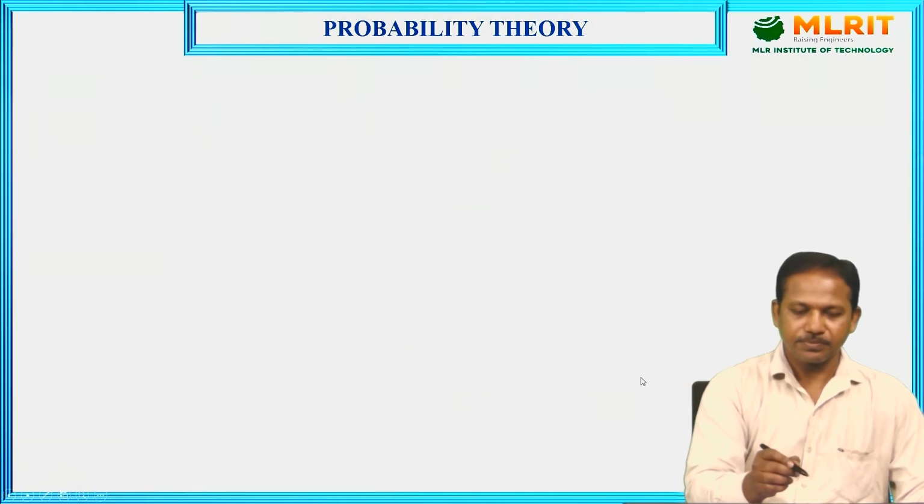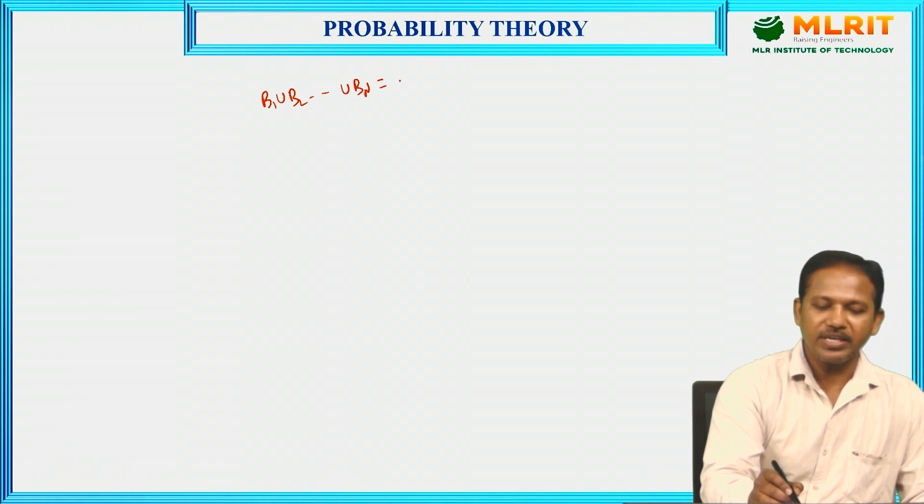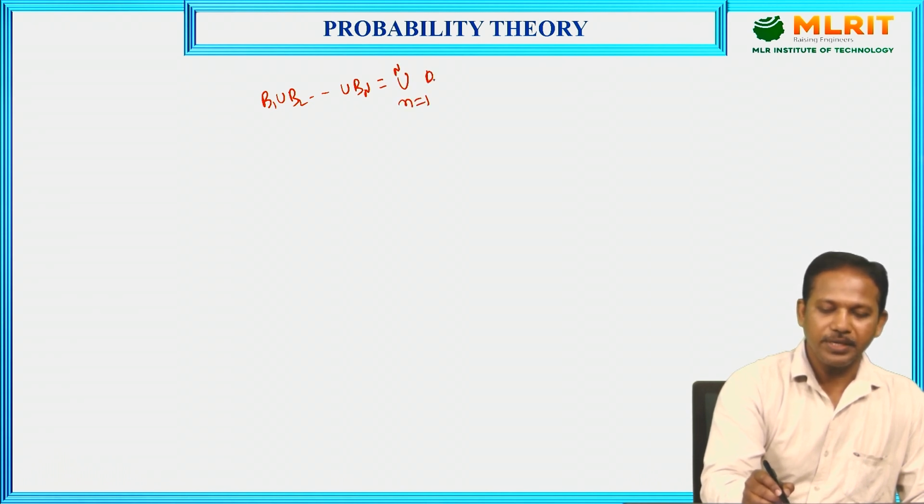See here, B1 union B2 union B3 union and so on union Bn, we can simply write as union of n equal to 1 to n of Bn.